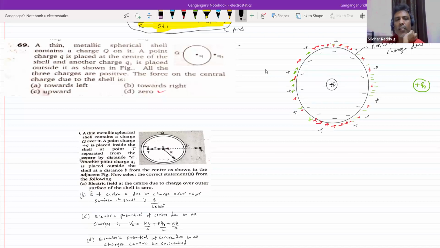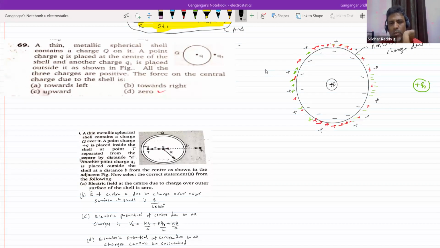And the force on the central charge due to the shell is being asked. Electrostatic induction, can you take help of that? Due to Q1, will it interact with plus Q?